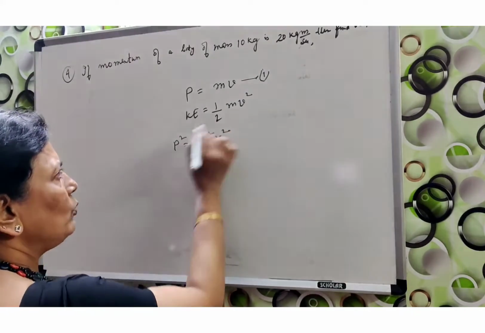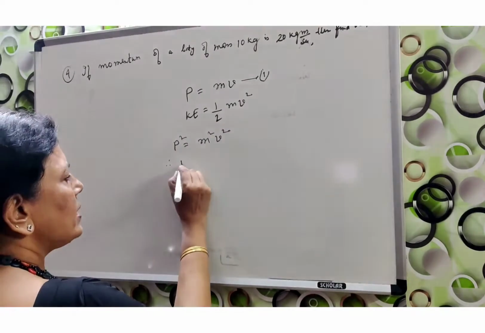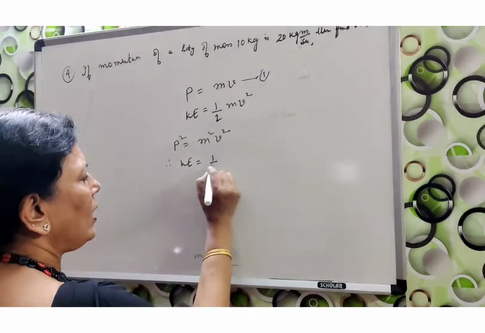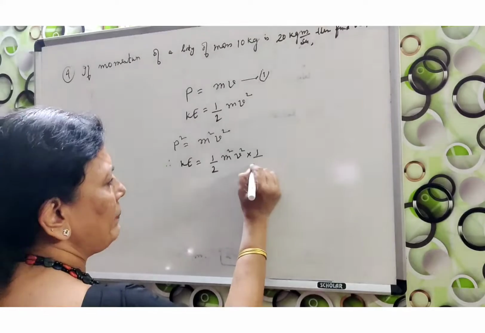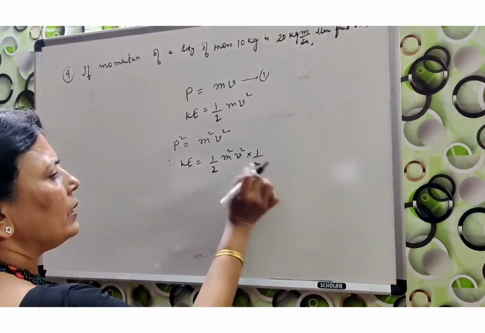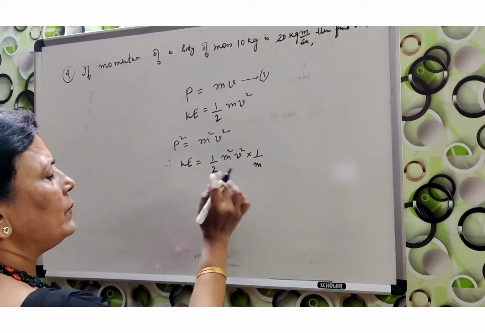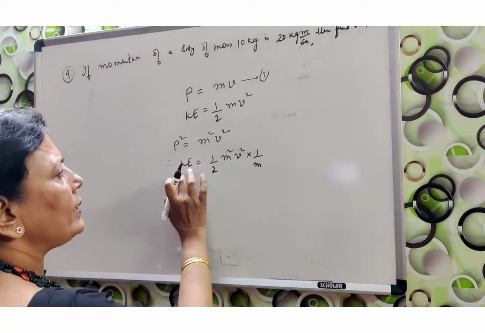Now we can write kinetic energy is equal to half into m square v square into 1 by m. We are dividing by m and also multiplying by m to get the relation between kinetic energy and momentum.